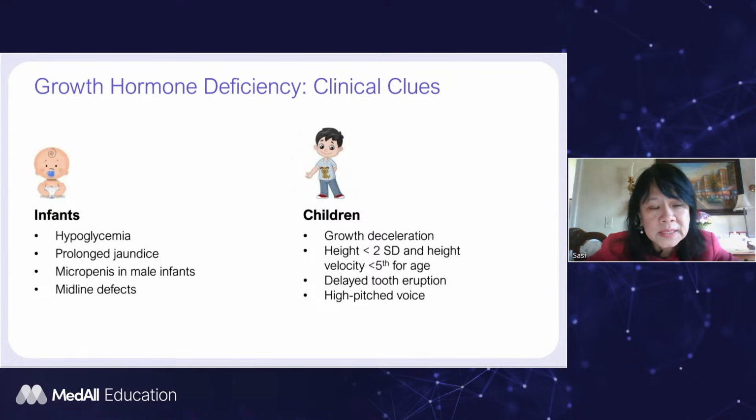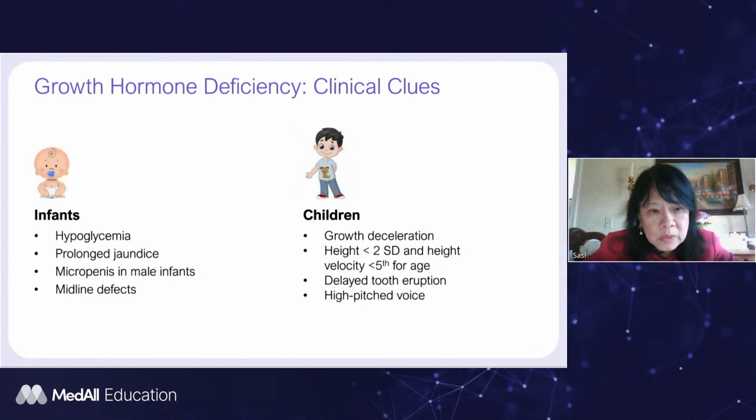In young infants, they may present with hypoglycemia, that can be present from birth, and in severe cases with growth hormone deficiency. And they may also have cortisol deficiency as well, part of the hypopituitarism.